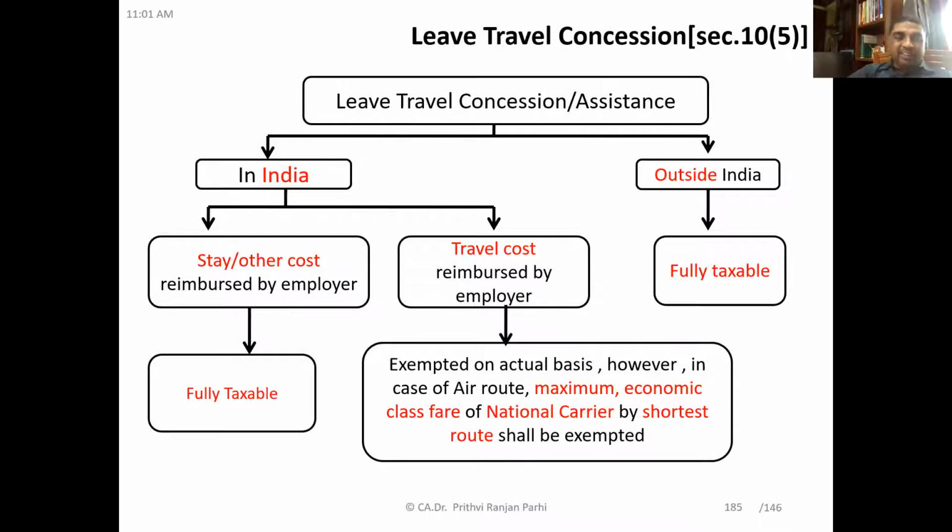If it is in India, the stay and other costs reimbursed by employer, as you can see, is fully taxable. But travel cost reimbursed by employer is exempt. But exempt, again, some conditions are there. It is exempted on actual basis. However, in case of air, maximum economic class fare of national carrier by shortest route shall be exempt.